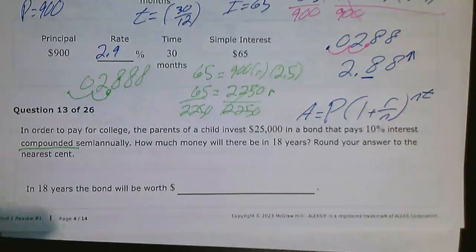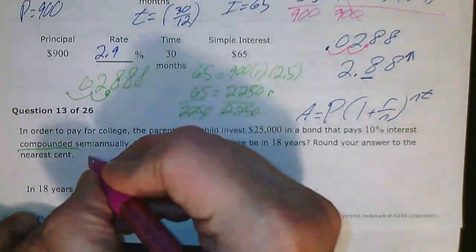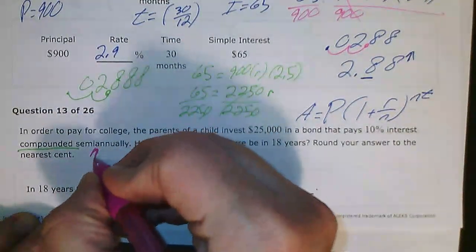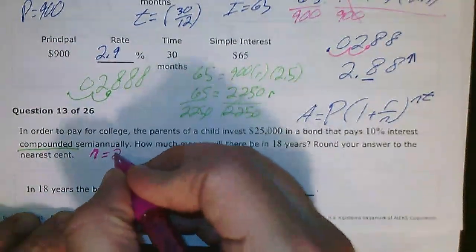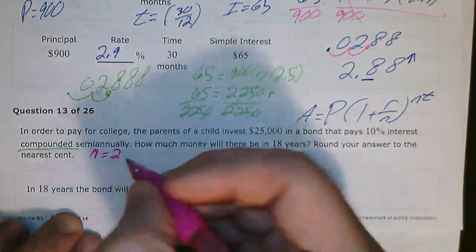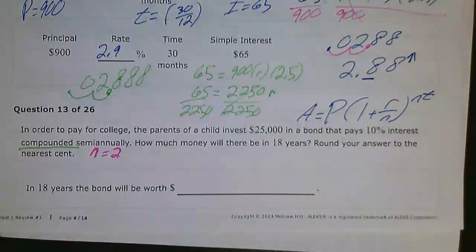So semi-annually, that is the number of times we are compounding per year. Semi-annually, like a semi-annual sale, occurs twice a year.